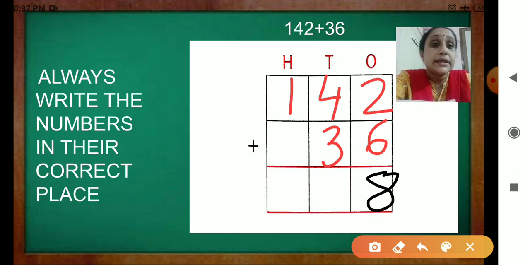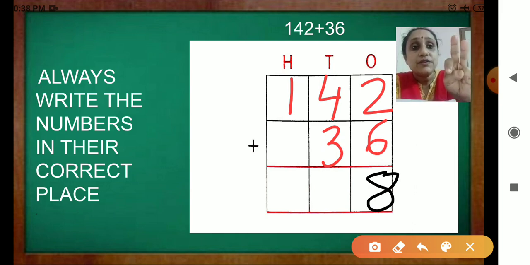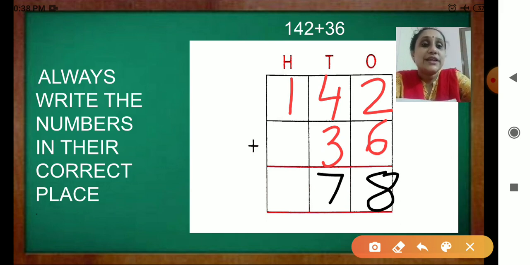Keep 4 in your mind and take out 3 fingers. After 4 what comes? 5, 6, 7. So you will write 7 here and 1 will come down because nothing is written under 1. So the answer is 178. Okay. So always write the numbers in their correct place. Got it, children?